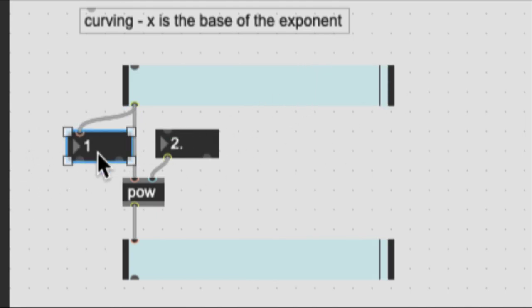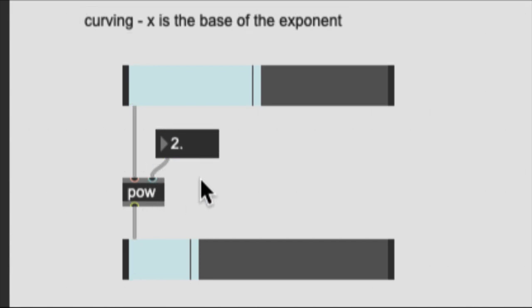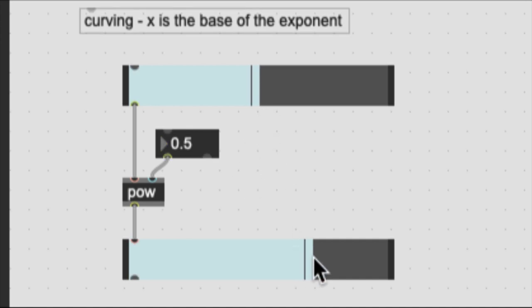Okay, so 0 to any possible power is 0, and 1 to any possible power is 1. Now 0.5 to the power of 2 is 0.25, which is squaring, and 0.5 to the power of 0.5 is, I believe, 0.71, something like this, which is square root.